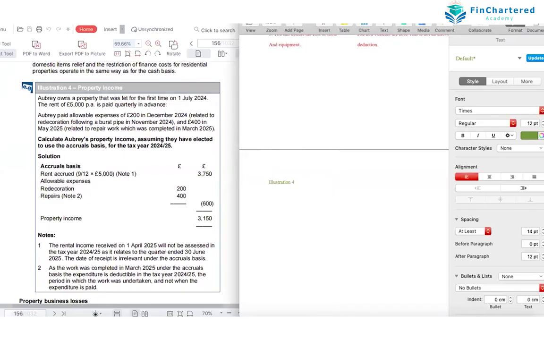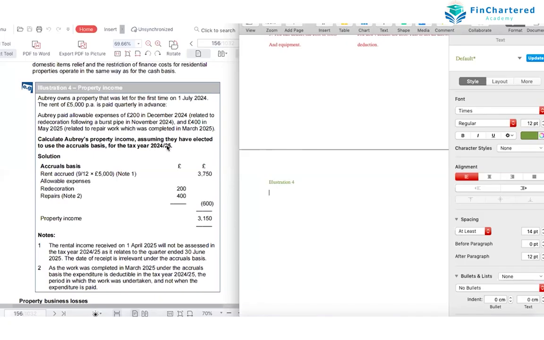That's the only difference between illustration 1 and illustration 4. Okay. So again, remember, he's earning 5,000, but the rent is paid quarterly. Even though we have paid the rent for 12 months, only 3 months relates to our period.